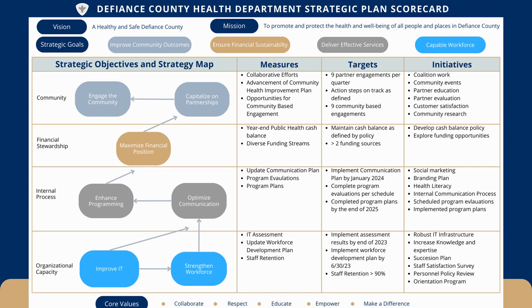After deciding on strategic objectives, we then reviewed our SWOT analysis, the CHA, the CHIP, and the previous strategic plan to see what initiatives could help us to get to our strategic objectives and ultimately accomplish the strategic goals. These initiatives are then improved or worked towards by setting targets and then measuring those targets.